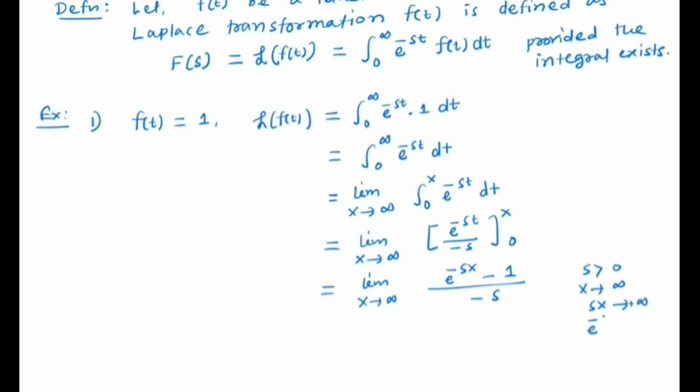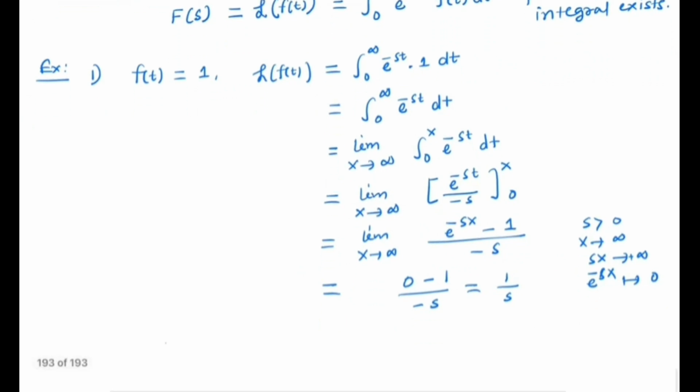So e power minus sx tends to 0. So the limit will be 0 minus 1 by minus s, which is nothing but 1 by s. So we can say that the Laplace transformation of 1 is 1 by s. So the inverse Laplace transformation of 1 by s is 1.